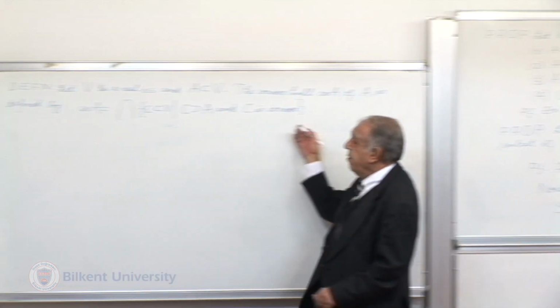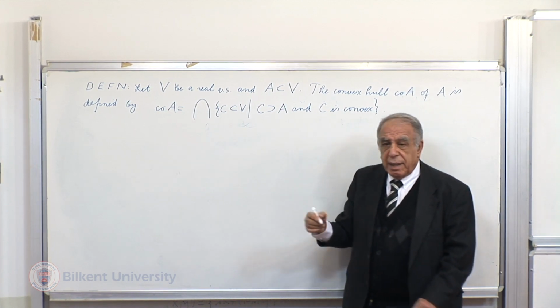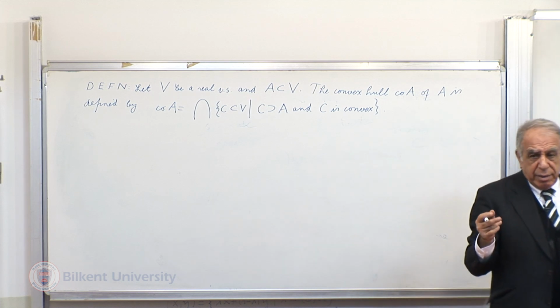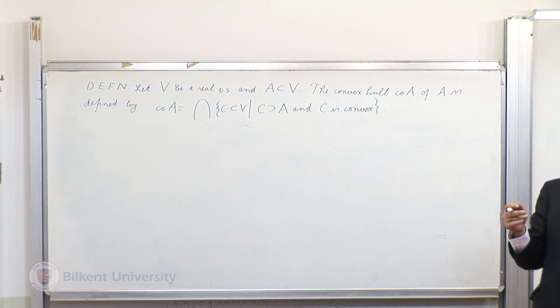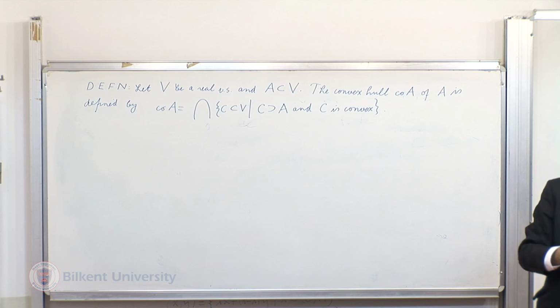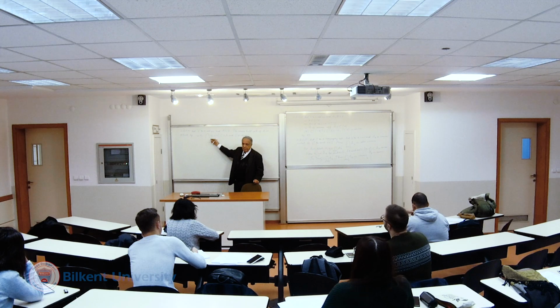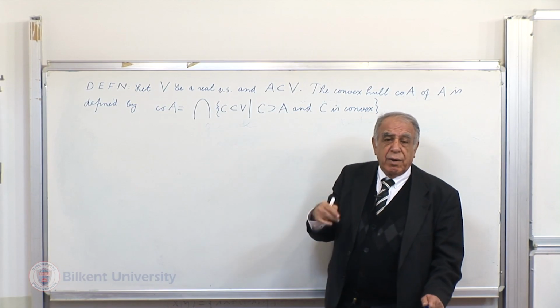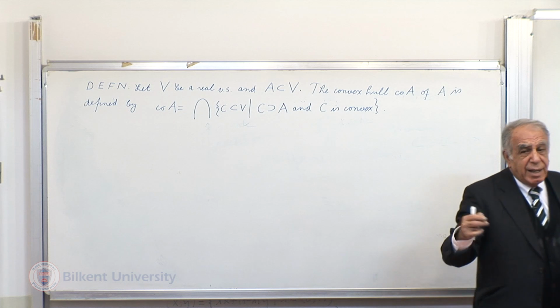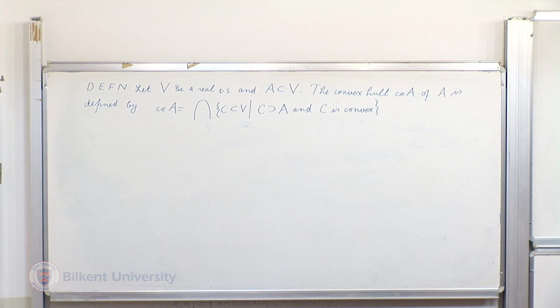So this is a convex set which contains cap A. Is it the smallest such set with respect to inclusion? Yes, suppose you have some C prime which is convex and contains A. Then that C prime belongs to this collection. Thus the intersection over this collection will be contained in C prime. The C prime will be a convex set which contains the convex hull of A.